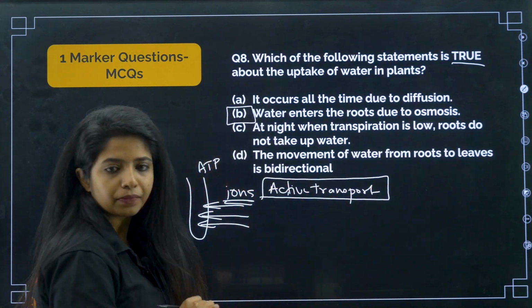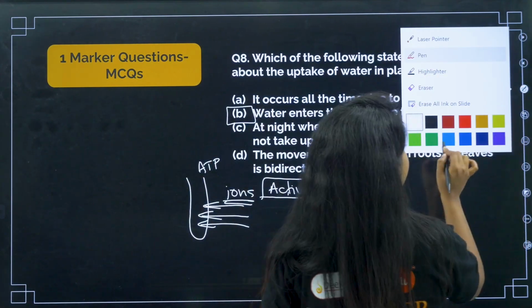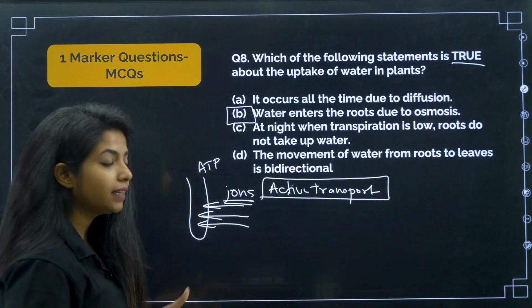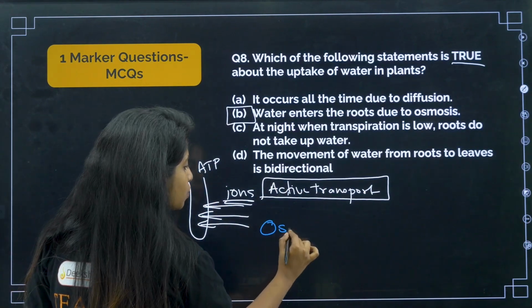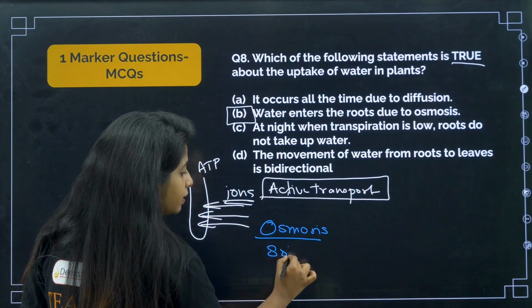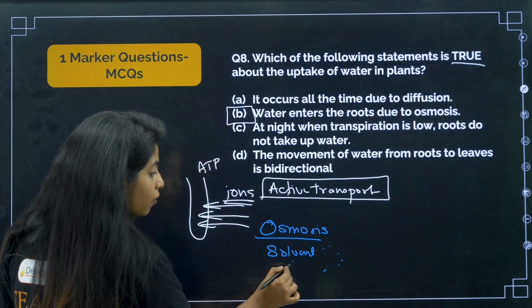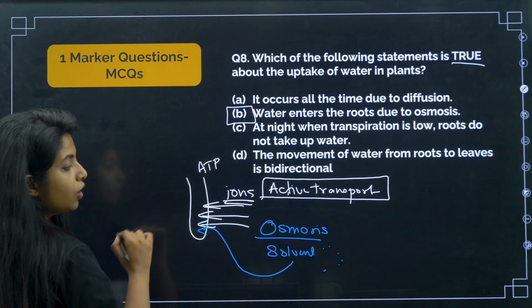Now who is the one responsible for the water intake? Since these ions get inside, the next thing that comes into play is osmosis, my dear children. The solvent which is more outside will be moving from a region of higher concentration to a region of lower concentration.